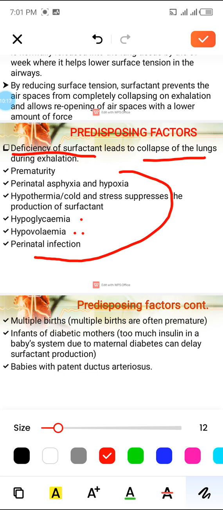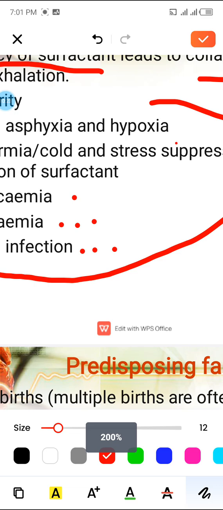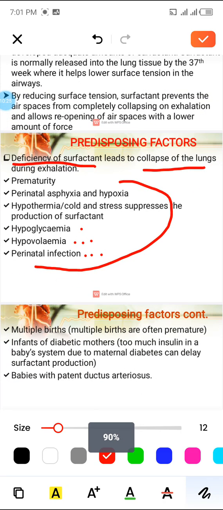So you expect also a reduction in surfactant. Then perinatal infection. We're looking at infection affecting these babies, okay? So if a child is born or just in utero has an infection, it will have a reduction in surfactant production. Others will be like multiple births, which is here. So like twins or triplets, we also expect them to have a reduction in surfactant.